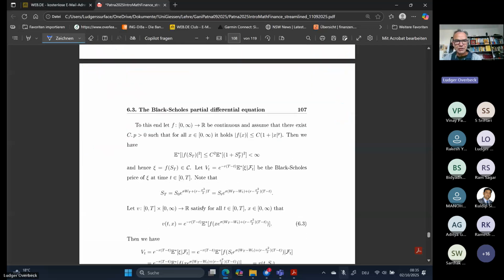Now we see the connection to the partial differential equation. We take f to be continuous. It's not bounded, which is important, as we have seen, and doesn't follow from the convergence of the CRR model. We take some continuous growth conditions.